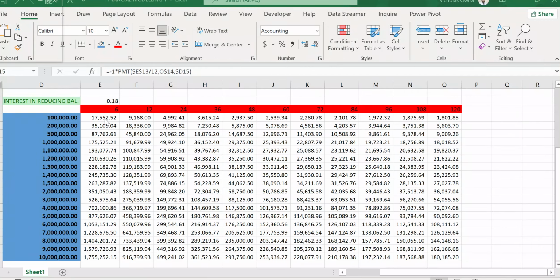Now, 17,552.52 is the amount that is going to be paid on a monthly basis for the next 6 months. Then this is what this person is going to be paying for the same amount of money for the next 12 months. For 120 months, that is 10 years, you can see this is the amount of money that person is going to pay for the same amount of money, 100,000, at 18% per annum.